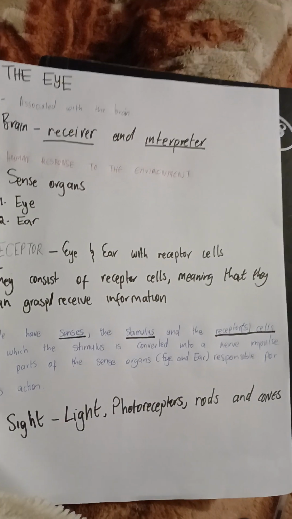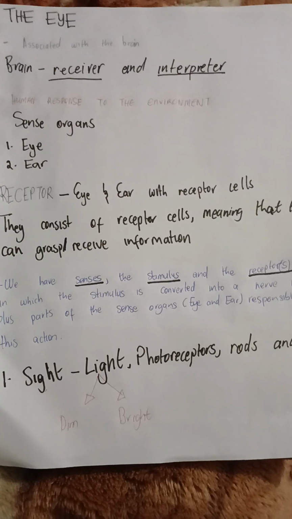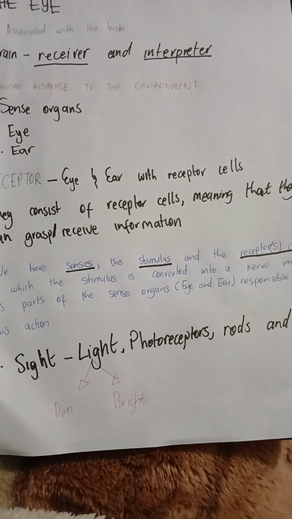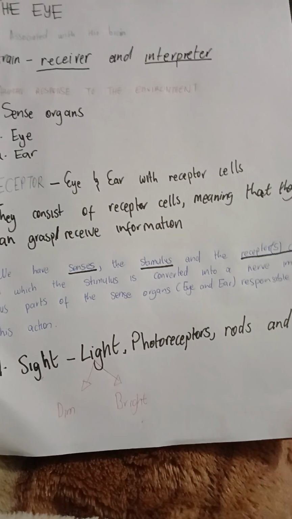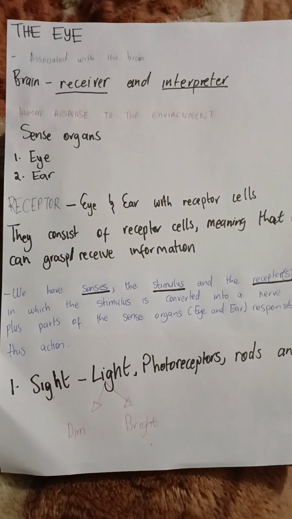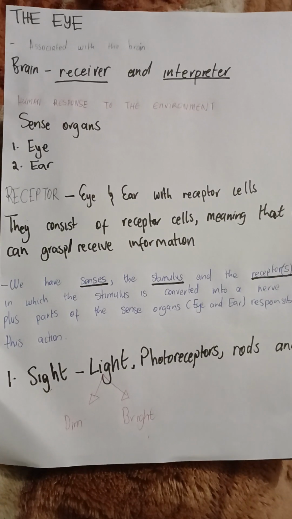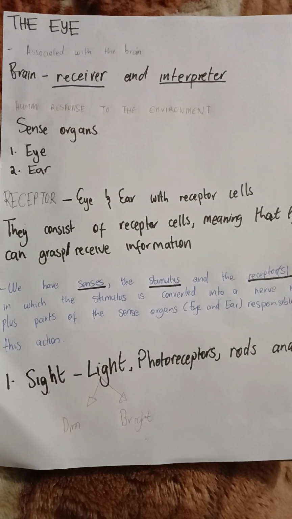Do you understand, guys? Specifically the rods and the cones. So the light that we see or perceive or receive is either dim or bright. I didn't want to say average, because when we say average, it doesn't really make sense. So the light can be dim or bright.